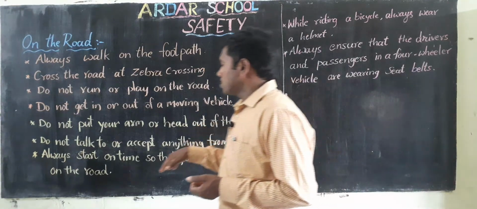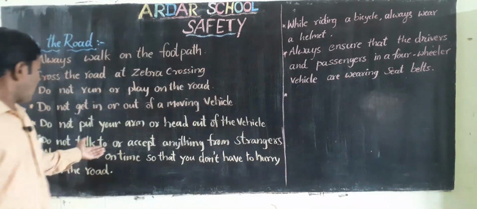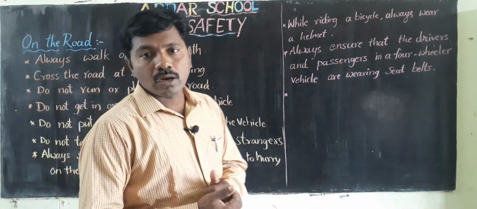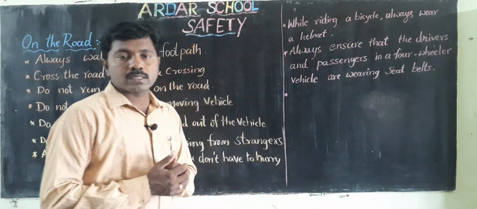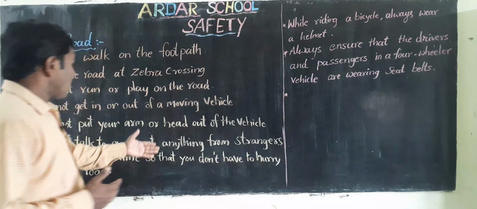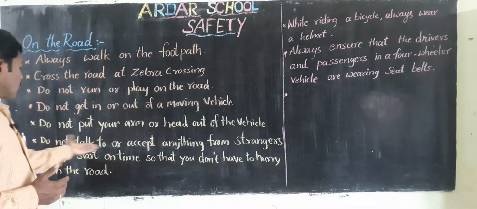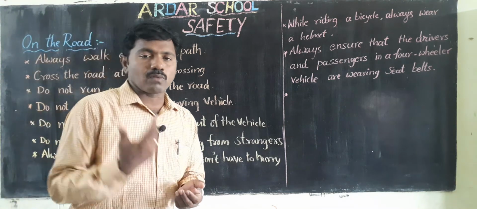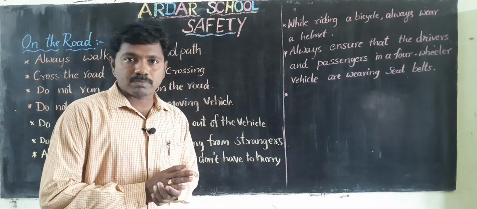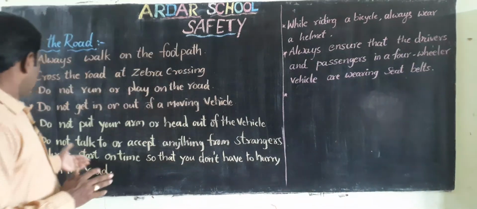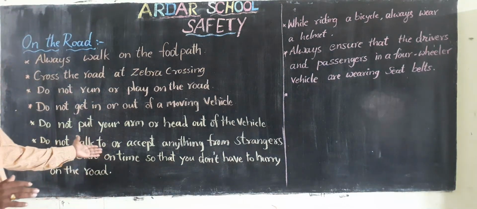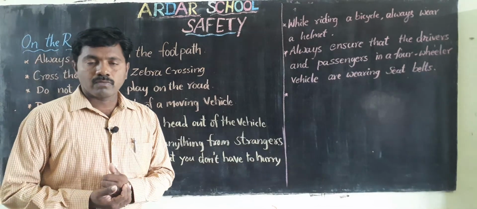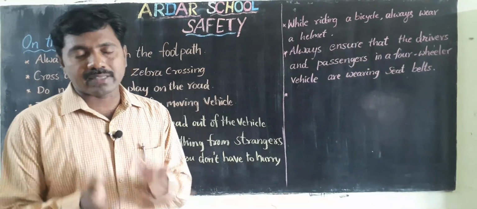Next one, do not talk to or accept anything from strangers. Strangers means unknown persons. From unknown persons, you don't accept anything, food or biscuits or chocolate or whatever it may be.